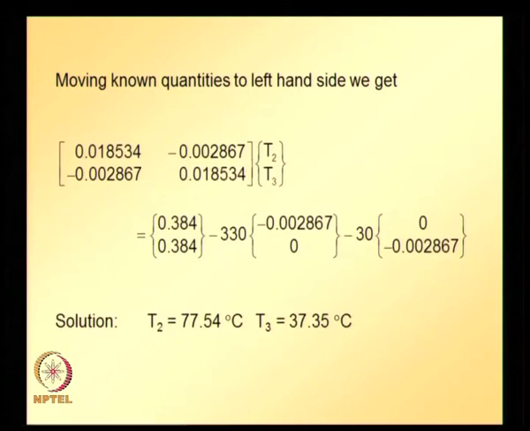The solutions for T2, the temperature at node 2, and T3, the temperature at node 3, are given in the slide. Now we have solved this problem and calculated T2 and T3, and T1 and T4 are imposed, so the complete solution we can plot.